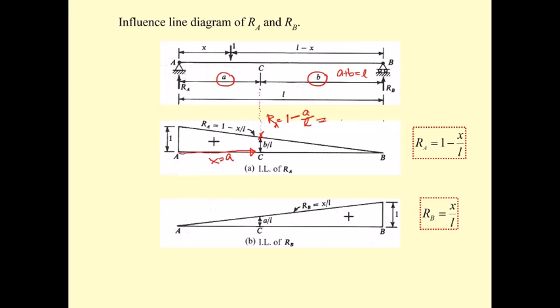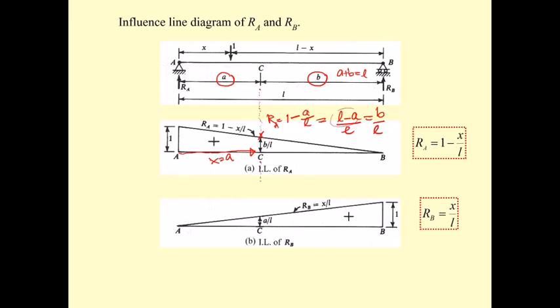And then if you put this as L minus A over L, and L minus A, you have L here, you minus A, you will get B. So it's going to be B over L. Okay, the value here is B over L, right?